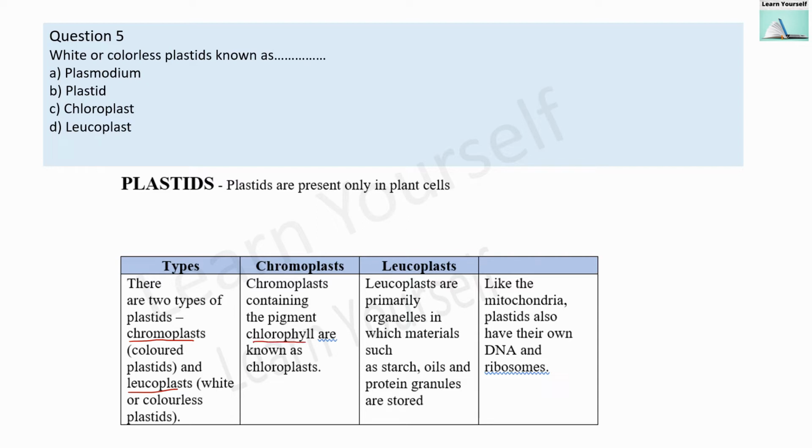Whereas leucoplasts contain starch, oil, protein granules. They are storing this and they are colorless plastids. And like the mitochondria, plastids also have their own DNA and ribosomes. So colorless plastids are leucoplast.